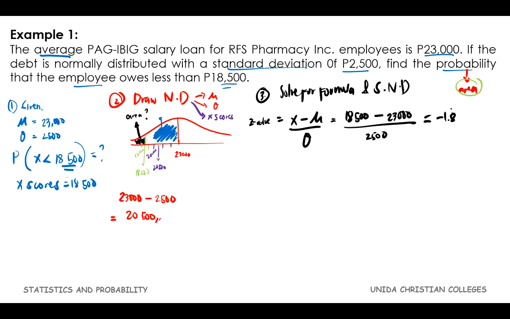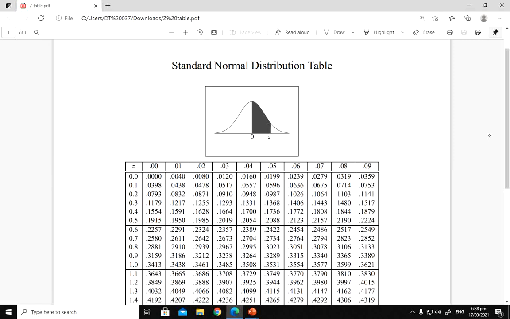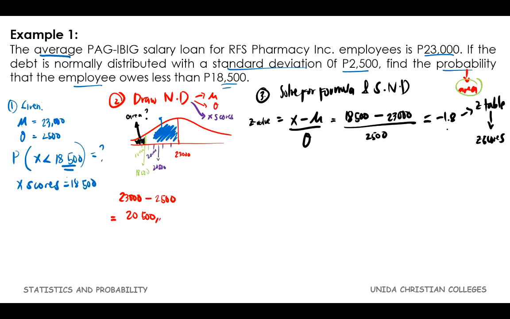Okay? So, pag nakuha natin yung Z value natin, pupunta tayo ngayon sa Z table. Pagpunta natin sa Z table, kukunin natin yung Z score. Okay, so punta tayo doon. Nasaan si 1.8? Kung napapansin nyo, dito sa ating given, negative 1.8.